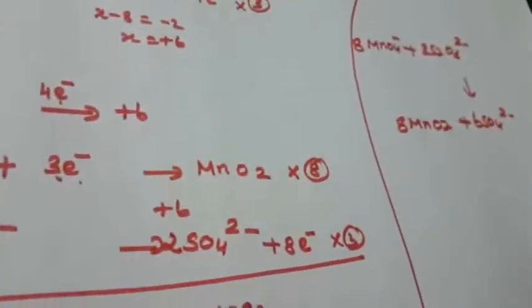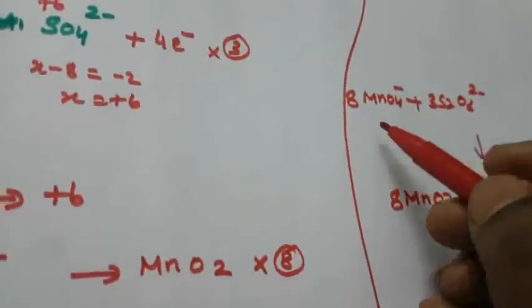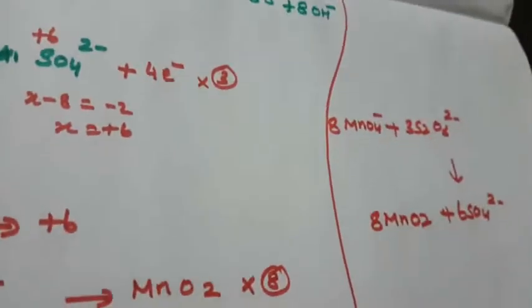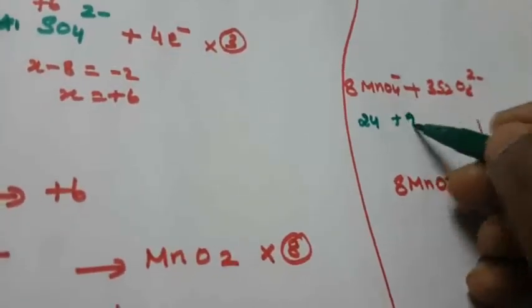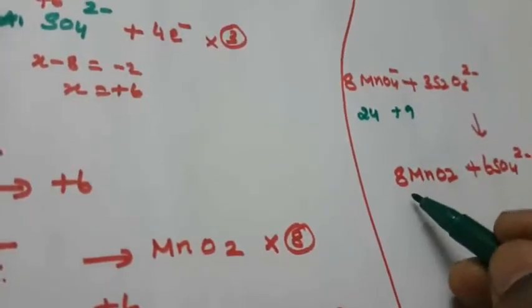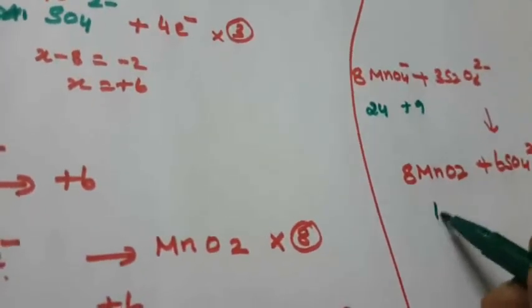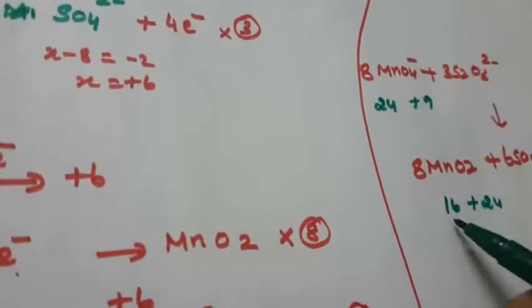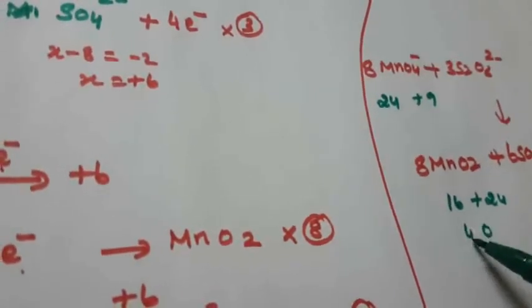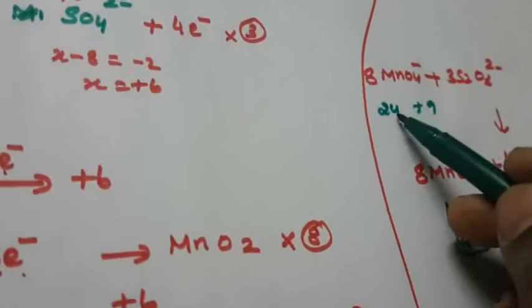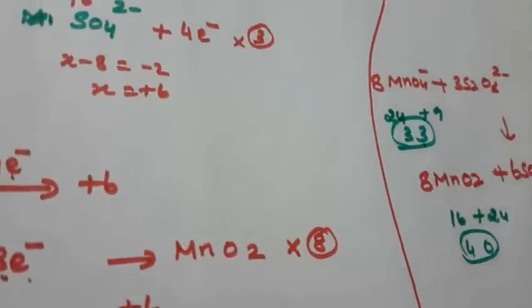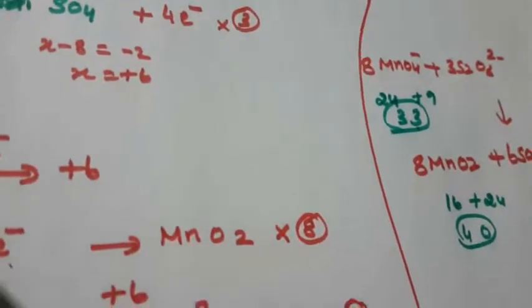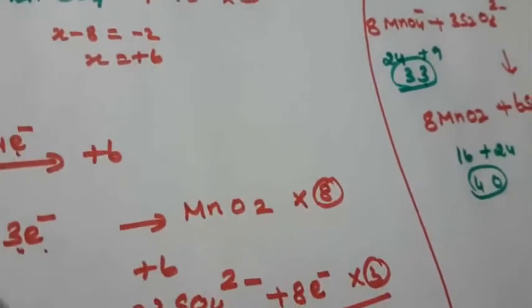Okay, how to balance the oxygen? 8 4s are 24 here, 3 3s are 9. So here 16 plus 24, what is the total? 40 is there here. Here 33, so 7 molecules of water we need. How to balance that one?